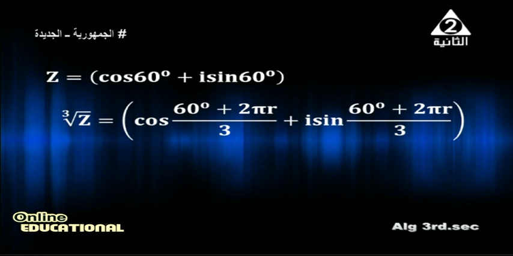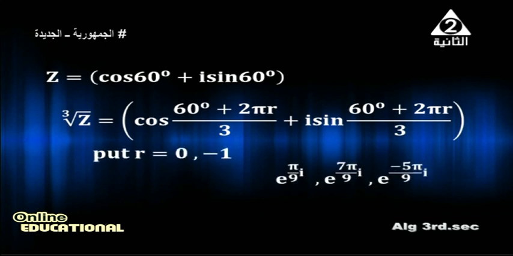When r equals 0, 1 and negative 1, we get e to the power pi over 9 i in the first root, the second root e to the power 7 pi over 9 i, the third root e to the power negative 5 pi over 9 i.